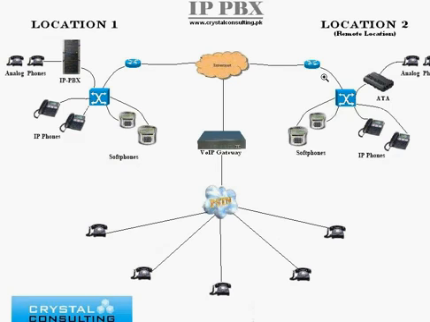Another benefit is that the communication between these two locations is completely free, just like you're dialing within your premises from extension 1 to extension 2, you can dial from extension 1 to extension 10, which is located in the remote extension, right here.